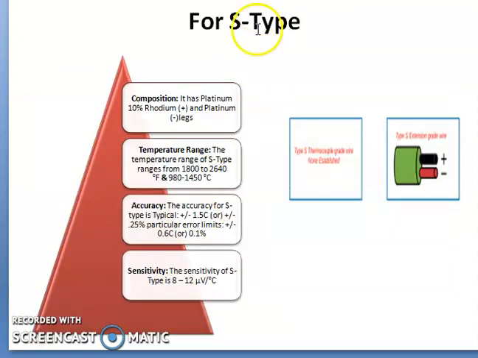And the main features of S-type is that it is made up of platinum and rhodium, and the temperature range is from 1800 degrees to 2640 degrees Fahrenheit. The accuracy is plus or minus 1.5 degrees Celsius and the error limit is plus or minus 0.6 degrees Celsius, and the sensitivity is 8 to 12 microvolts per degree Celsius.